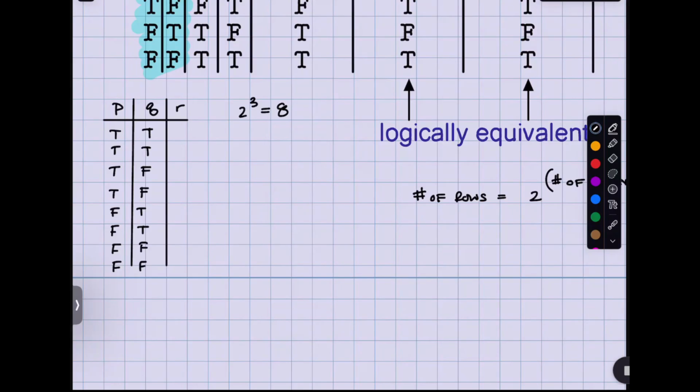Then half of that: true, false, true, false, true, false, true, false. Does that make sense? If it was 4 letters, it would be 2 to the 4th, so that's 16. So it would be 8 trues, 8 falses. Then 4 true, 4 falses, 4 true, 4 falses. And then 2, 2, 2, 2, and then 1, 1, 1, 1. Okay?